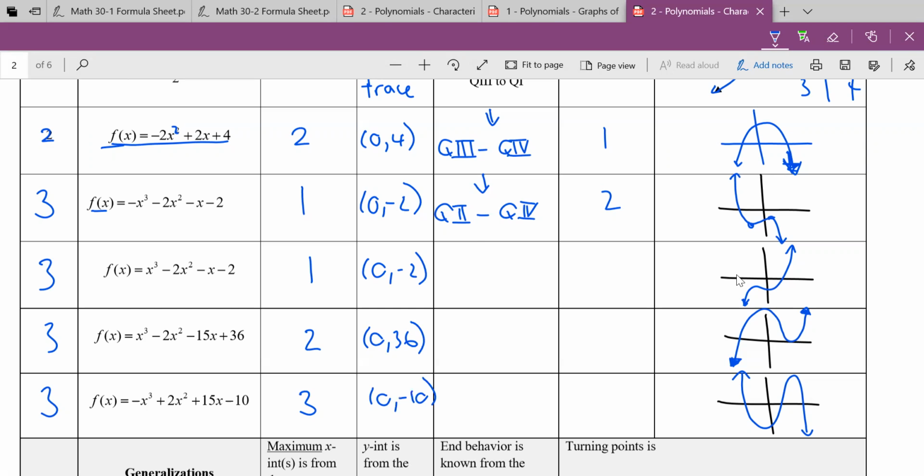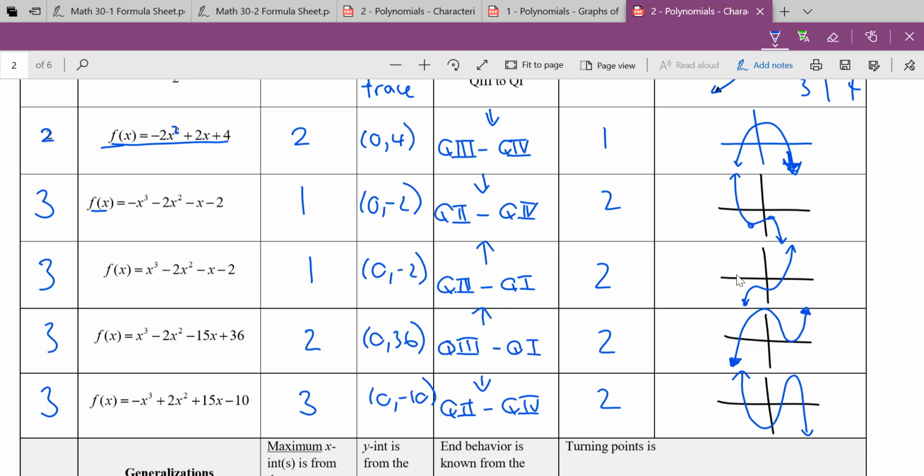This one ends going up, which is Q3 to Q1. This one also ends going up, so same thing, Q3 to Q1. And the last one ends going down, so Q2 to Q4. And again, number of turning points, well, 2, 2, 2.